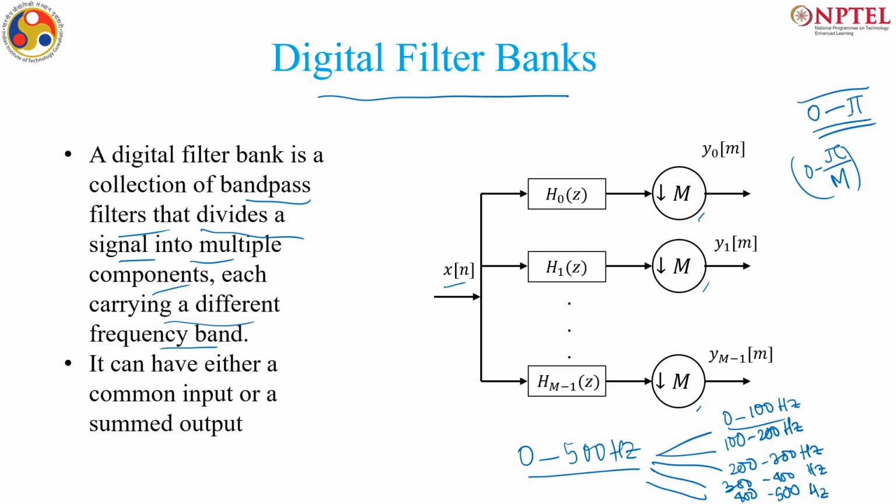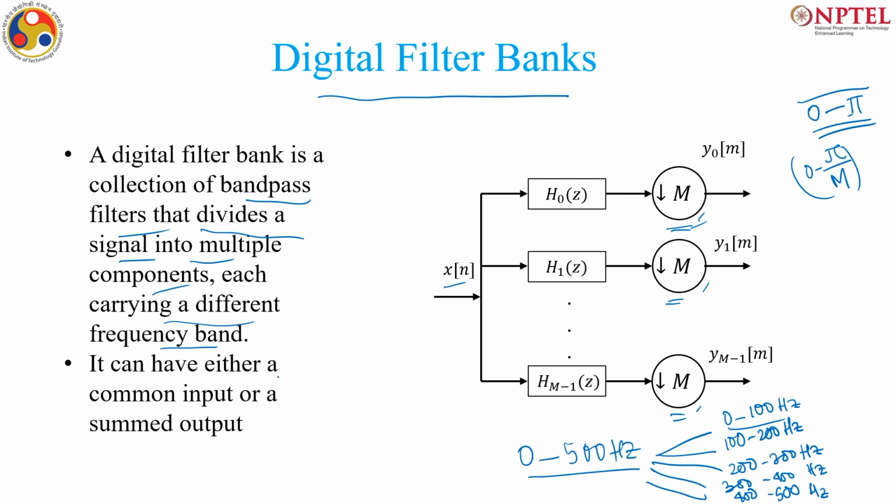So, if the bandwidth is reduced to M times, I can reduce the overall signal sampling rate to M times. So, this is an efficient implementation, and this is called a digital filter bank.